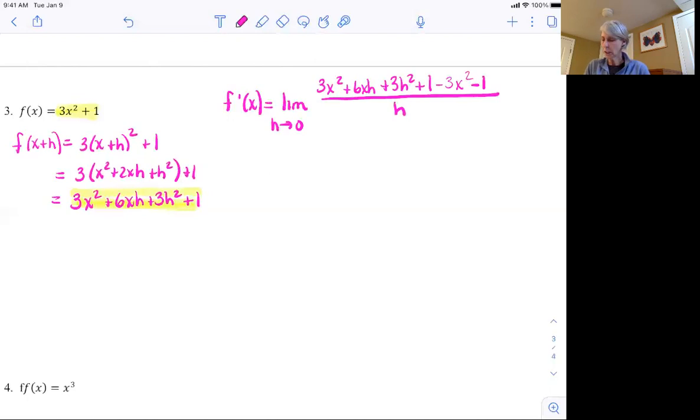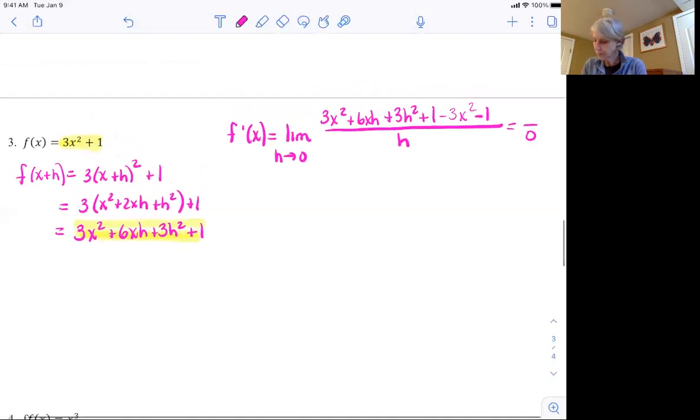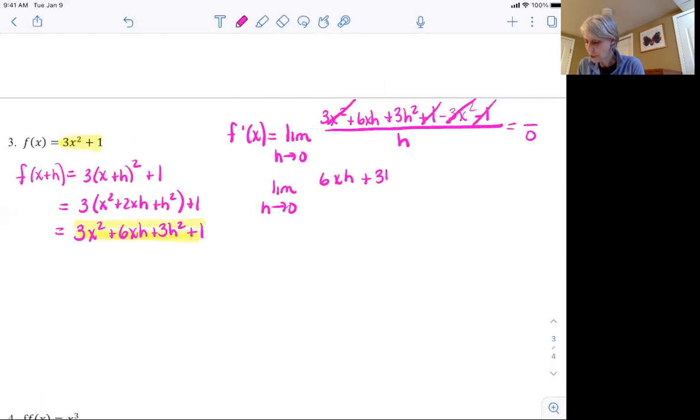So you can start cleaning up now because we know we're going to get a 0 on our first plug-in. We're going to get a 0 in the denominator. My 3x squareds are going to cancel. My 1s are going to cancel. I'm left with the limit as h approaches 0 of 6xh plus 3h squared over h. Factor out.